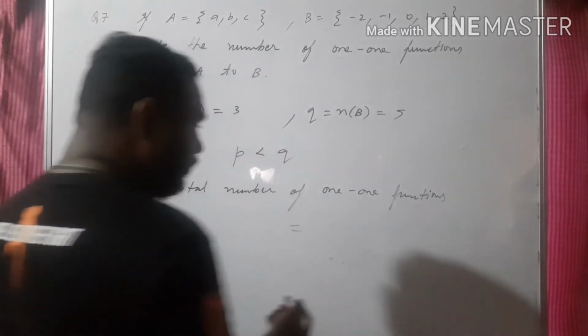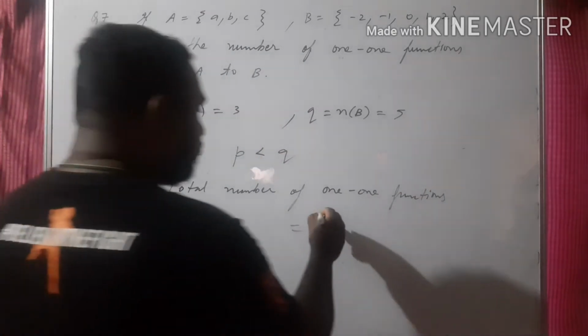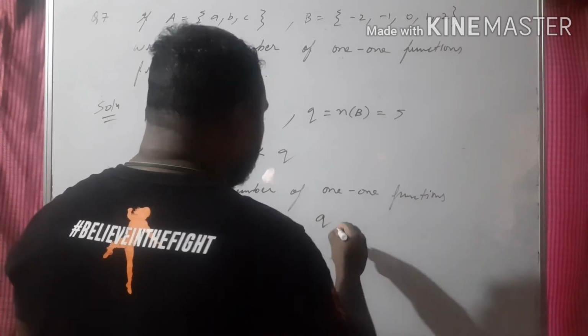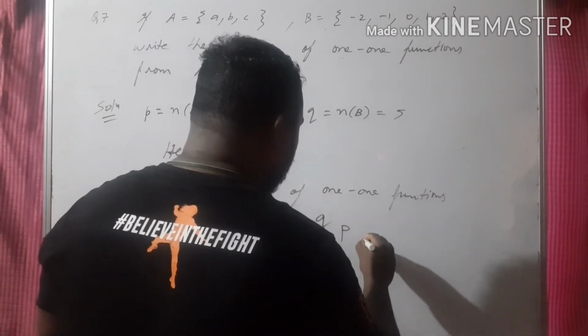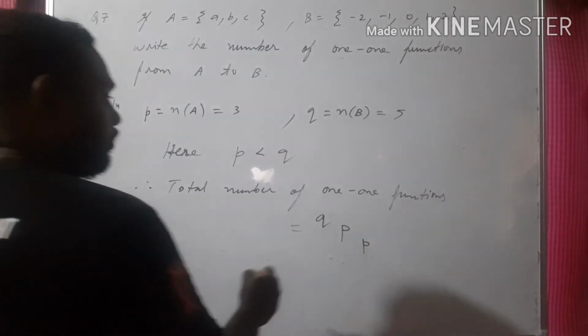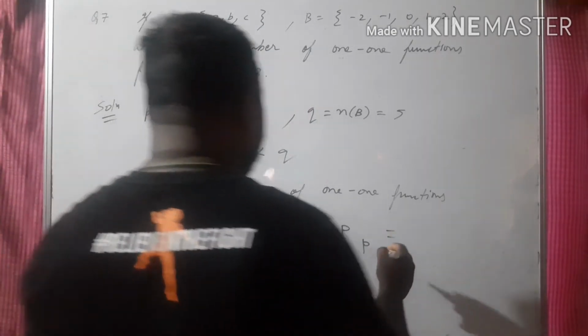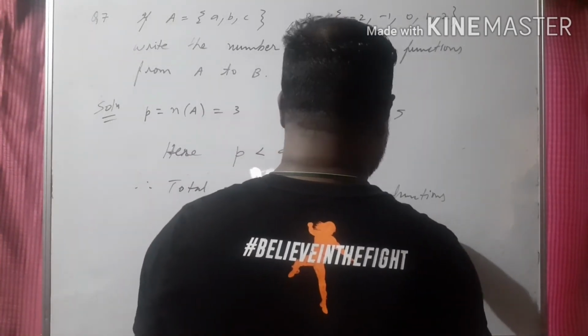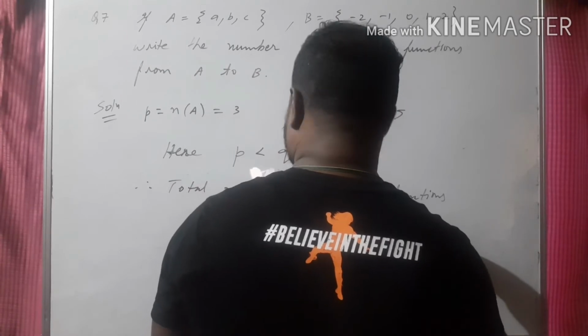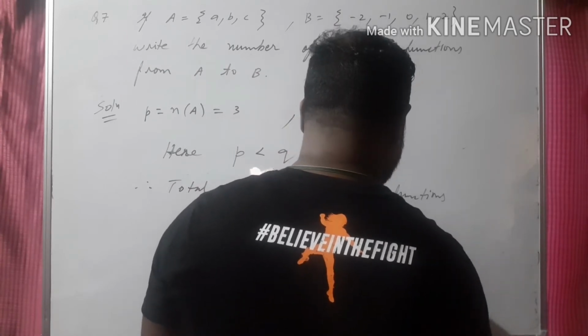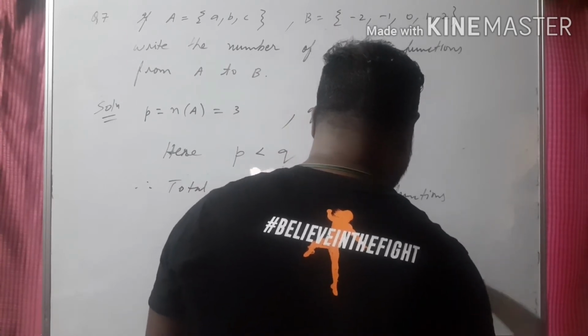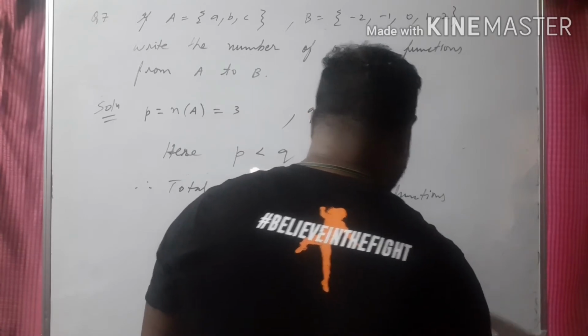is equal to, we know the formula, QPP. Q is 5, P is 3. So just use the formula factorial 5 by factorial (5 minus 3).